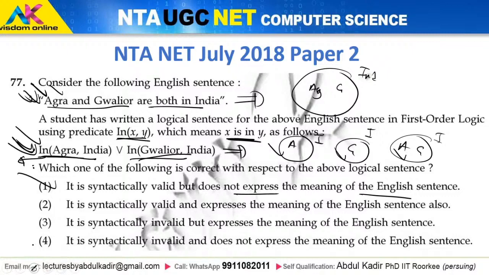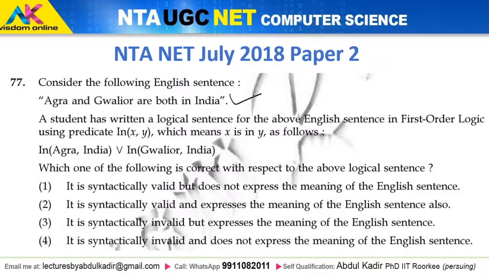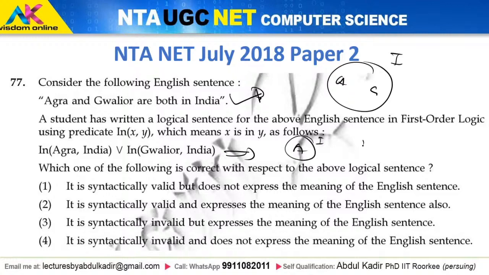In this question basically what is happening, that this statement he is saying that both Agra and Gwalior are in India, and this statement is saying that either Agra is in India or Gwalior is in India, or Agra and Gwalior both are in India. Okay, तो आप देख सकते हो, you can see that this statement and this statement are different.